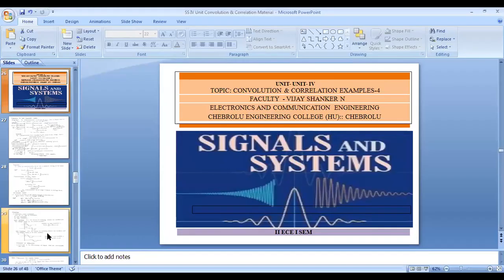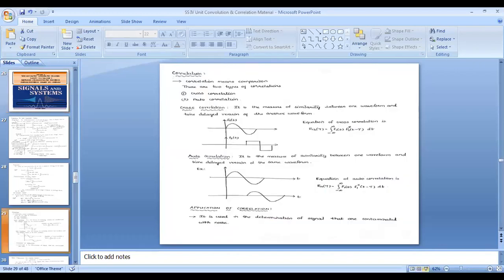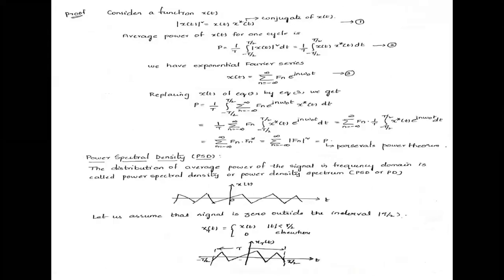You see the remaining functions, my dear students. The energy density spectrum, this also we already discussed, energy density spectrum and power density spectrum and their properties. So no need of explaining this again and again.